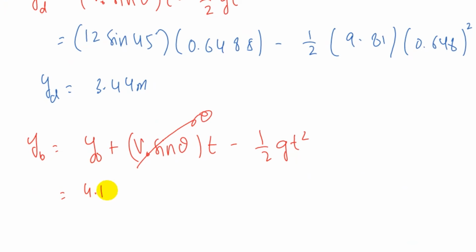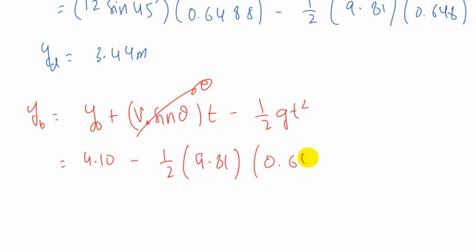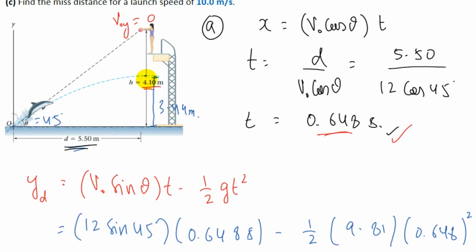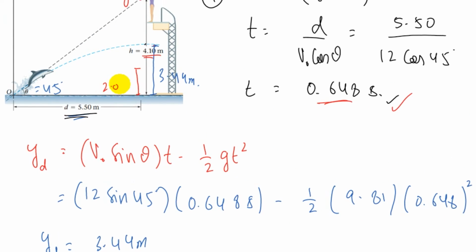So this is 4.10 minus 1 over 2, g is 9.81, t we have to take to be 0.648 and its whole square. So on solving we'll get this value to be equal to 2.04 meters. So by the time the dolphin reaches this height, the ball has reached here, and this height we have calculated to be 2.04 meters.